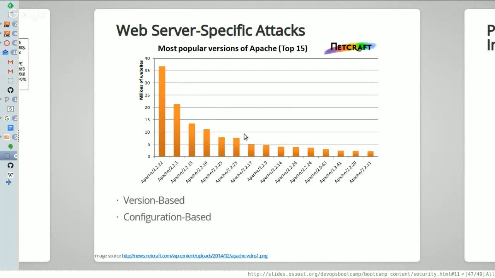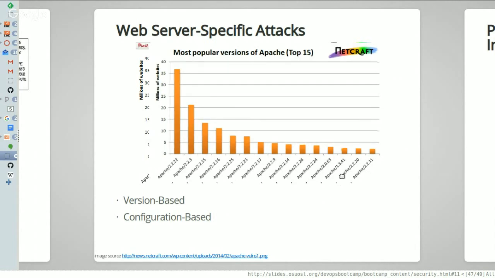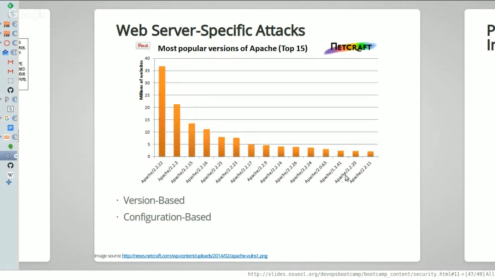basically the idea here is that a lot of people run a lot of really old software. So I don't remember what version Apache is on for now, but the latest one that I see here at least is this Apache 2.2.20, and you can see that that's not even one of the more widely used versions of Apache.